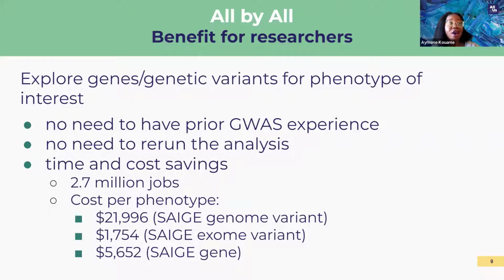These are the costs they incurred per phenotype: about 22,000 for the genome variant study, about 1,700 for the exome variant study, and 5,600 for the gene level study. The cloud platform is computationally very powerful, but still this is the cost per phenotype. So you save a lot of money and time by just exploring the results of this analysis.